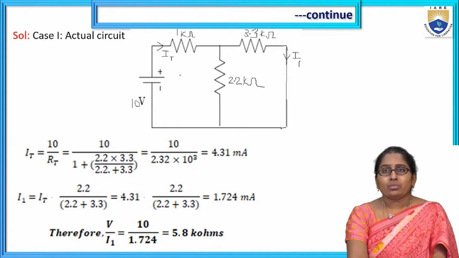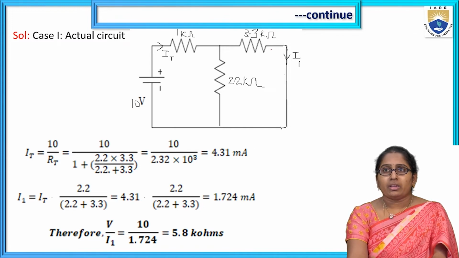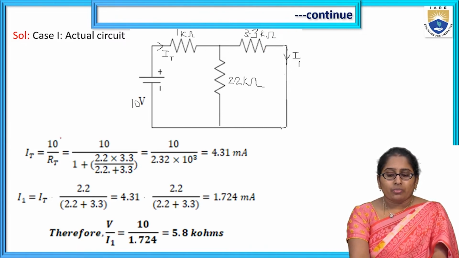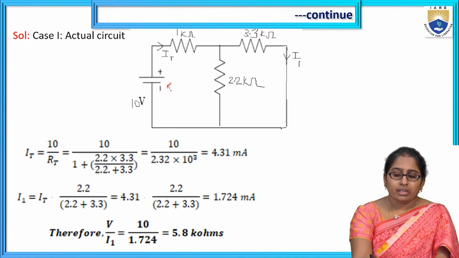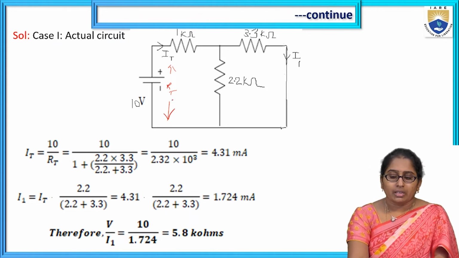Then using that total current, I apply the current division rule to find the current I1, which is the current flowing in the 3.3K resistor. To find the total current IT, I need to find the total resistance.